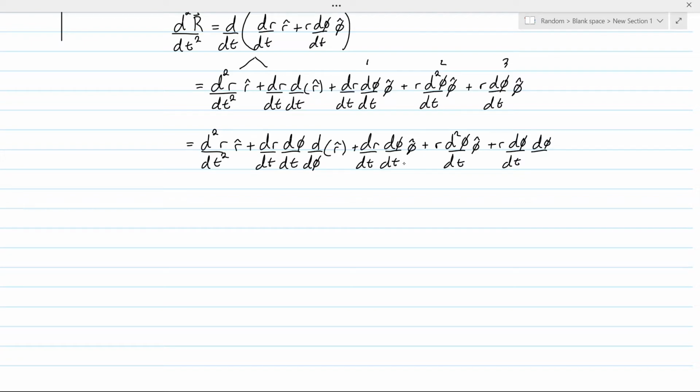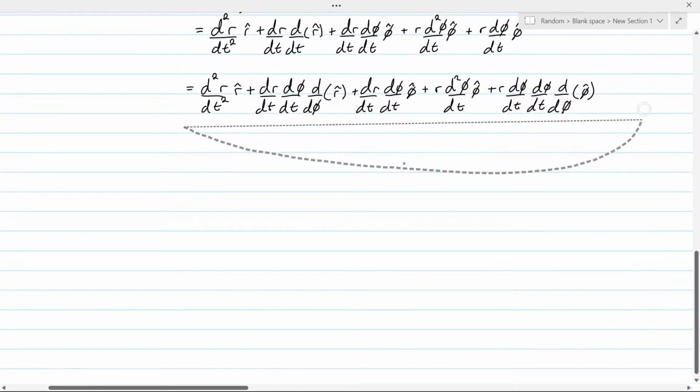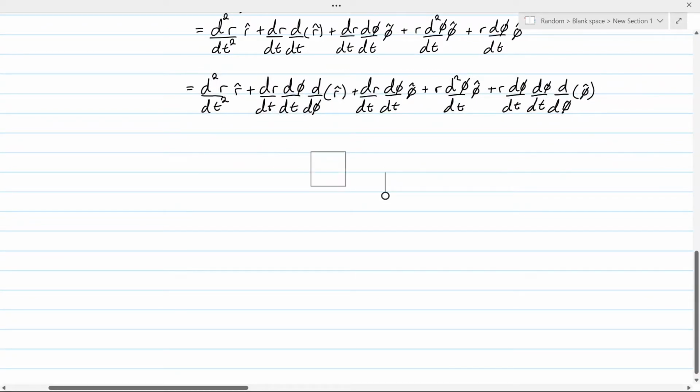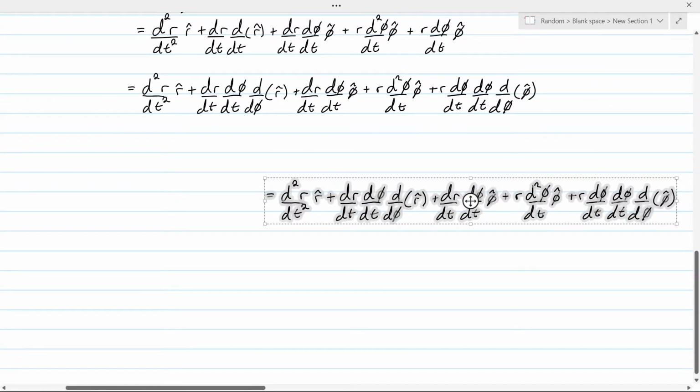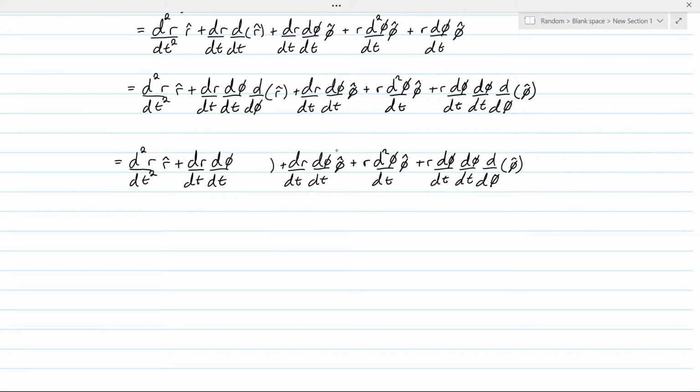And chain rule here too. There we go. And the next step, instead of these, this is now phi hat, and this is now minus r hat.